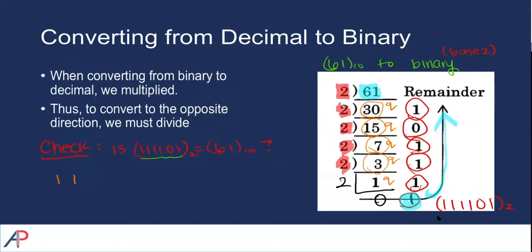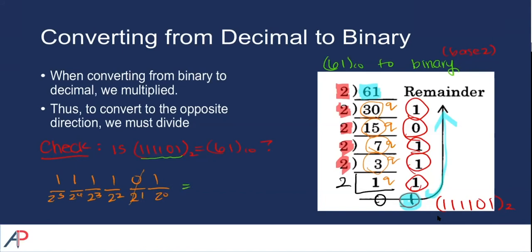So we have 111101. This is our 2 to the 0 power, 2 to the first power, 2 squared, 2 cubed, 2 to the fourth, and 2 to the fifth. When we write this all out, remember, we're going to ignore that 0 because 0 times anything is 0. And we find the sum of the products.